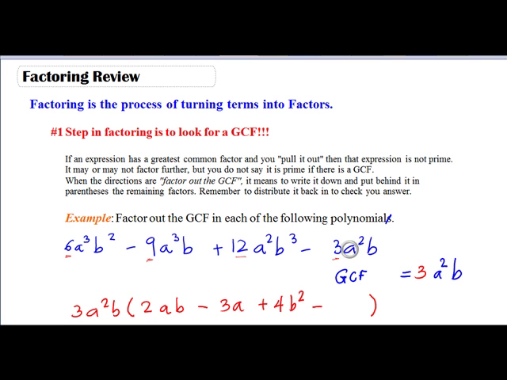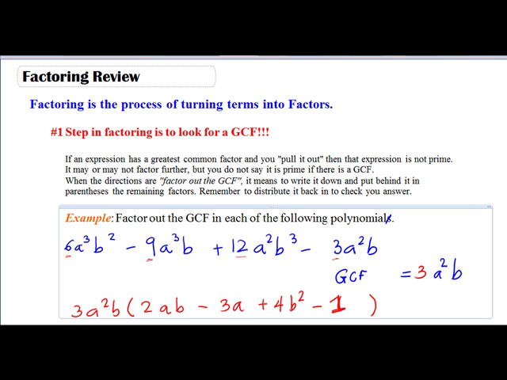You have A squared B and a 3, and you pull out 3A squared B. You are left with 1, not 0, because 3A squared B times minus 1 gives me itself right here. Okay, so that is our answer for this problem.